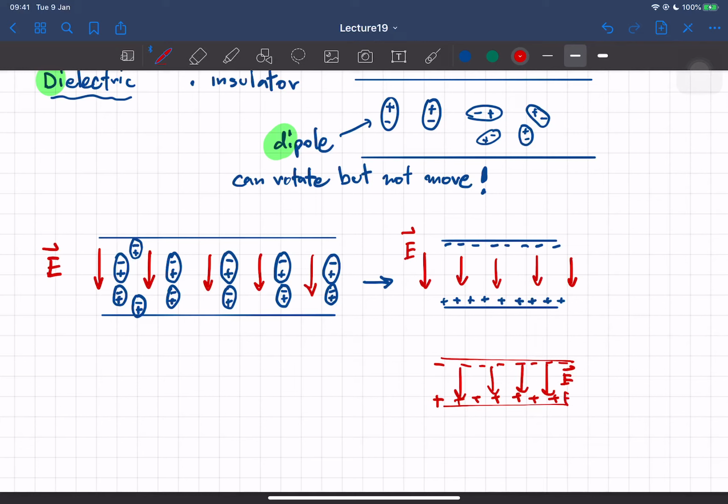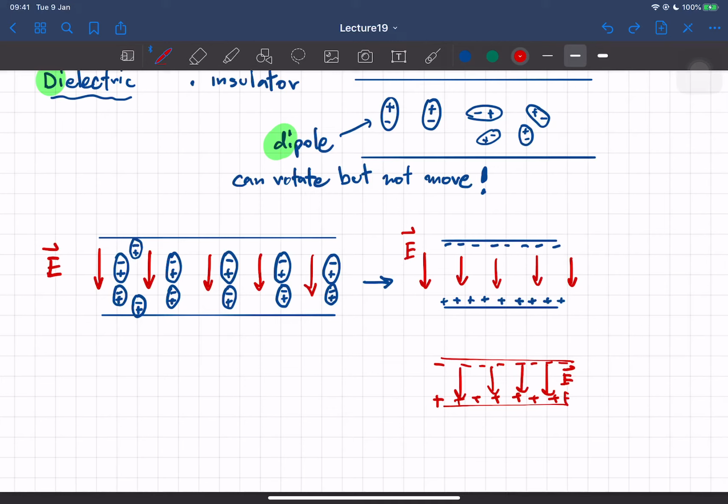Well, the special thing about the dielectric is that the configuration of negative charge at the top and positive charge at the bottom doesn't involve movement of the charge. It only involves the rotation of all the dipoles in the dielectric. So in other words, it can do this while staying an insulator.